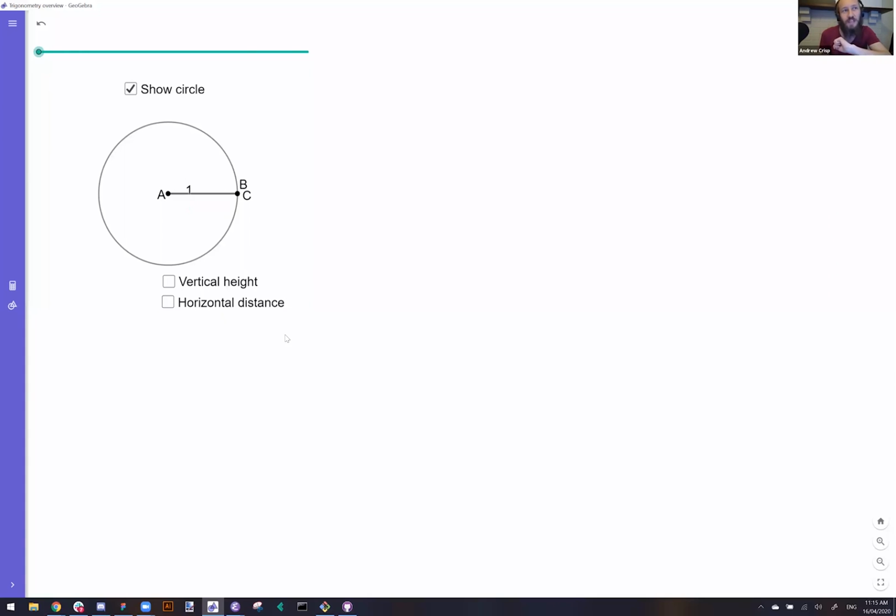It's not a very interesting triangle, but this time I'm going to track what happens to that vertical height as I move it. So here we go. It starts off, and as I increase the angle, that vertical height gets larger and larger. It starts slowing down a little bit until it gets up like that. So that's the vertical height. As the angle gets bigger, the vertical height gets bigger.